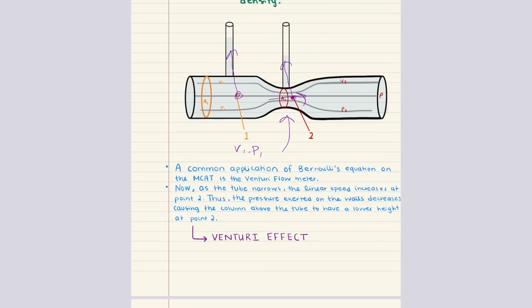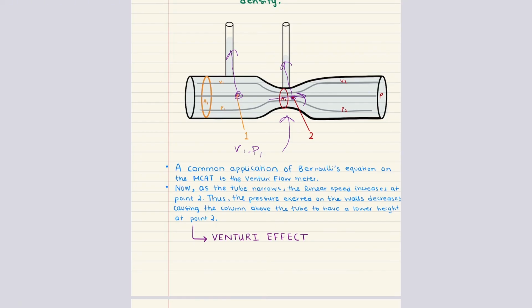This lower height indicates a decrease in pressure, and it illustrates this venturi effect. The fluid's desire to balance the energy budget is going to result in a lower pressure at that narrow section. And it's really important to know that this phenomenon has wide-ranging implications.